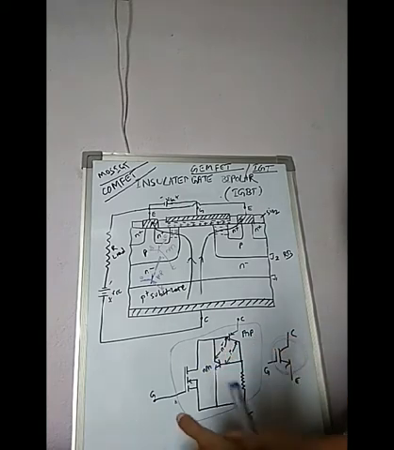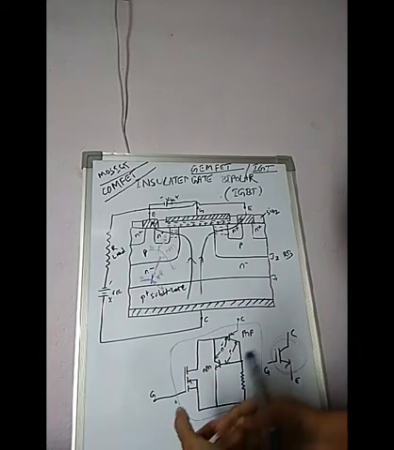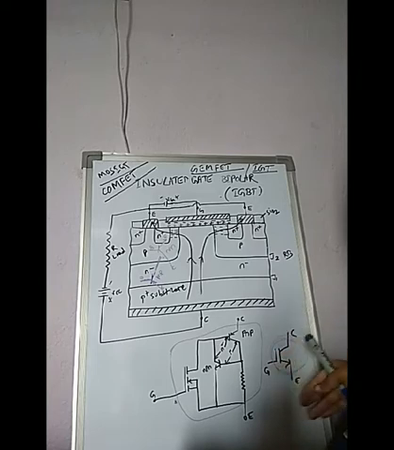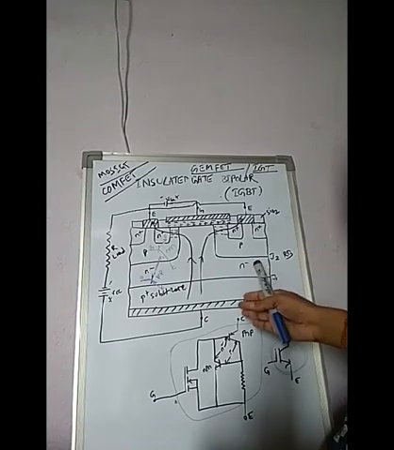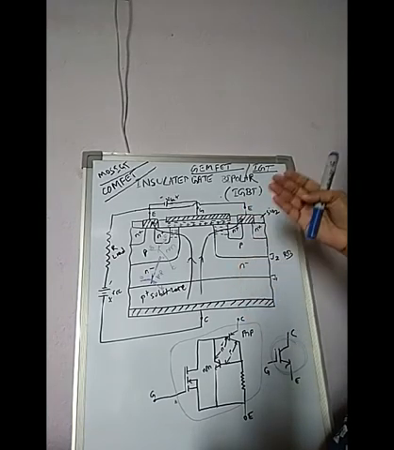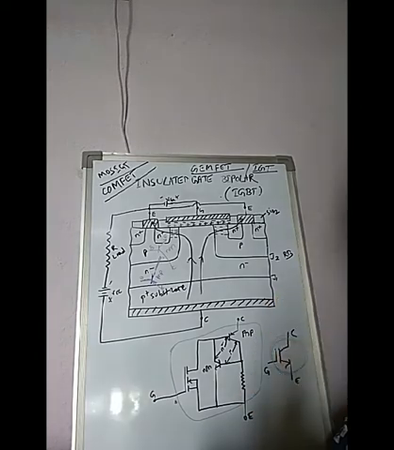This is the equivalent circuit of an IGBT. This is the symbol for IGBT. These are the terminals: collector, gate, emitter. Overall, you understood the structure, the operation, and the equivalent circuit of IGBT.